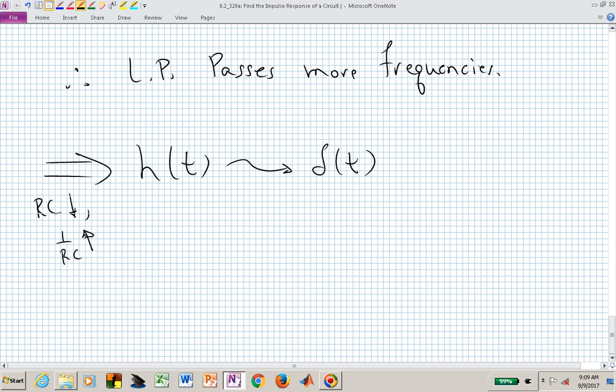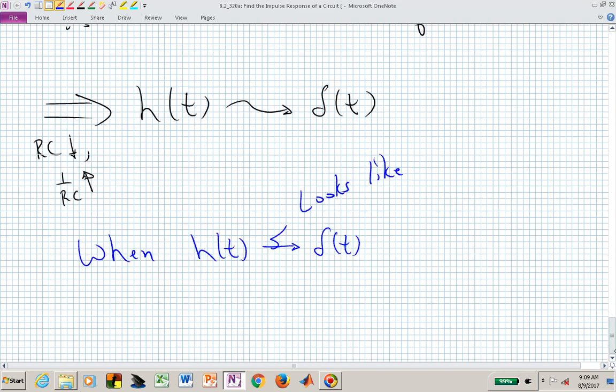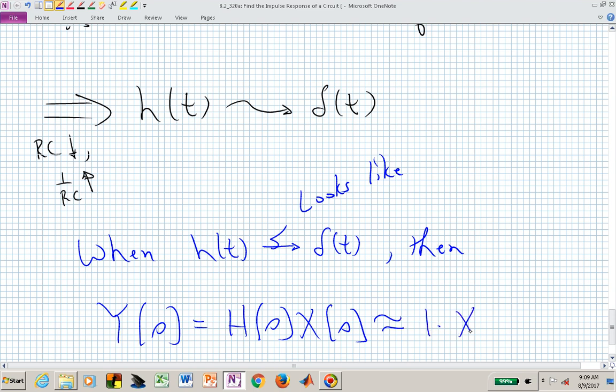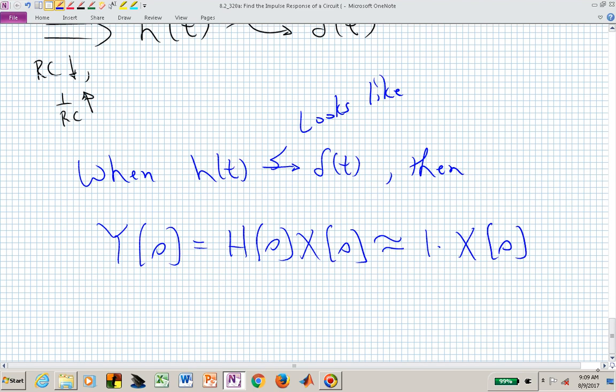So when h of t, our impulse response, looks like the ideal impulse, then y of s, which is h of s times x of s, looks more like 1 times x of s, or now that we're passing all of the frequencies, then the output's going to look just like our input.